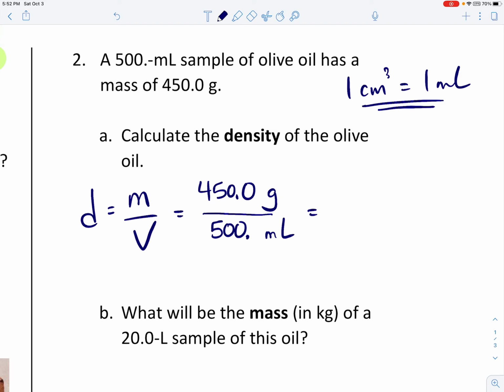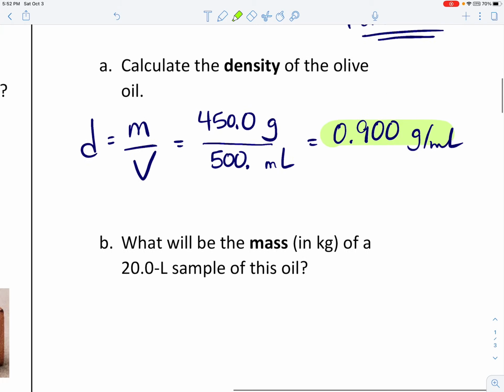So we grab the calculator, 450 with 4 significant digits, divided by 500 with 3 significant digits. My calculator just says 0.9, but I have to keep 3 significant digits in the answer, so 0.900 grams per milliliter would be the density of this oil.